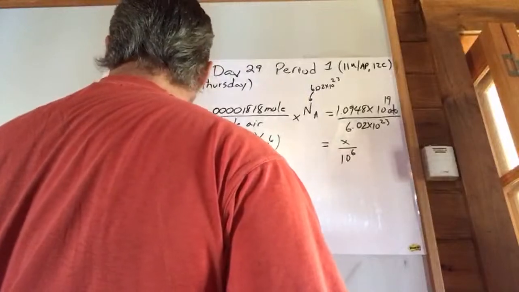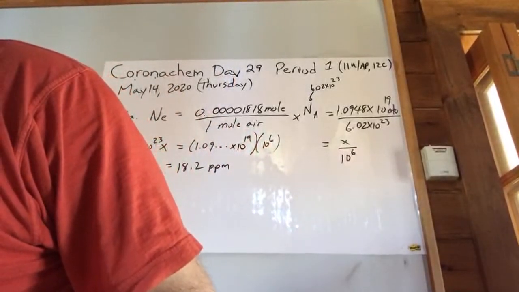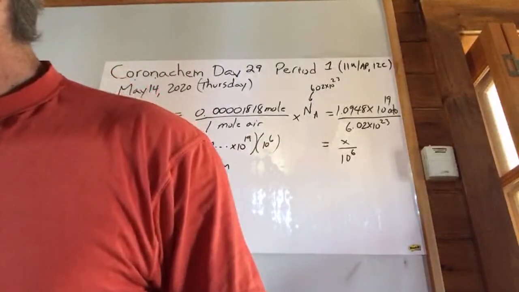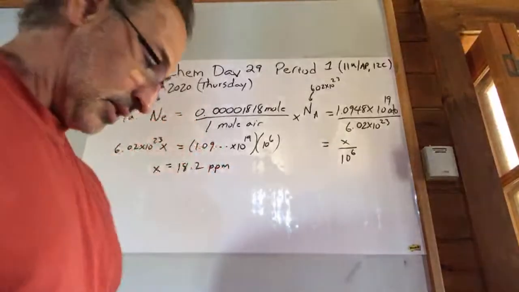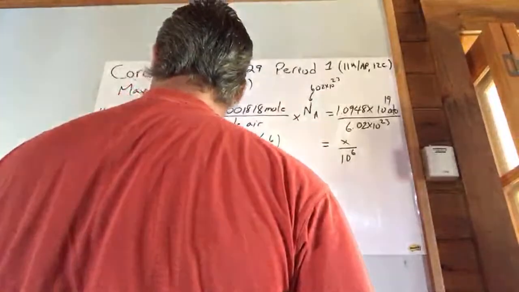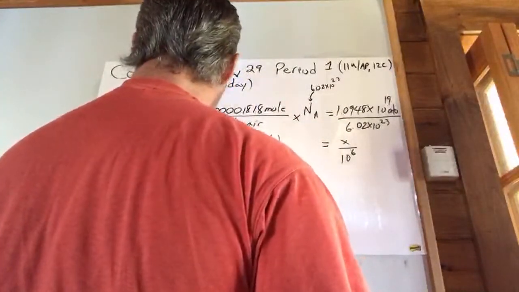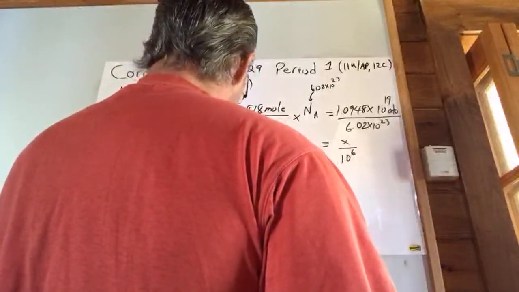That was part A. Part B asks, what is the concentration of neon in the atmosphere in molecules per liter, assuming an atmospheric pressure of 743 torr and a temperature of 300 Kelvin. So we're going to use PV equals nRT. We'll rearrange for the number of moles, so n is equal to PV over RT.